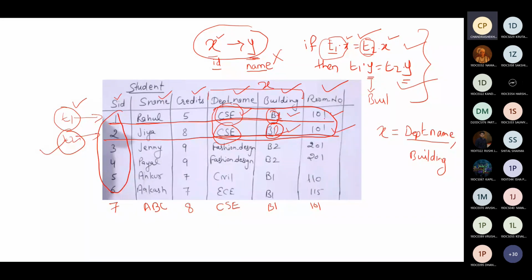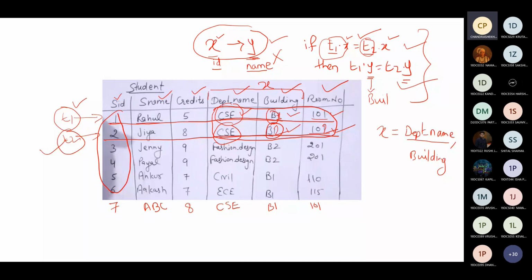If the room number appears the same, that is 101 and 101, then they are functionally dependent. If here it is 102, then they are not functionally dependent. Understood? That is the concept of functional dependency.